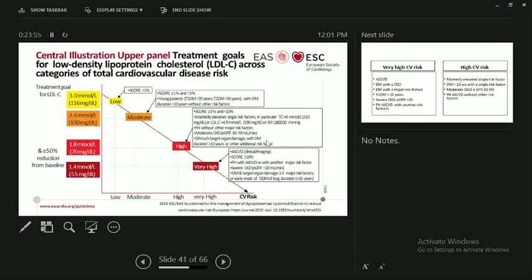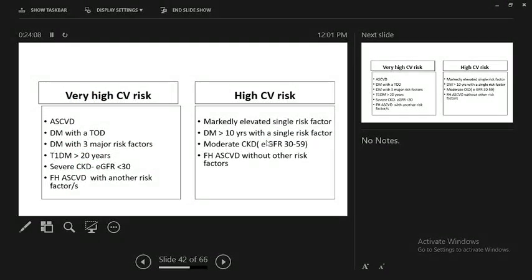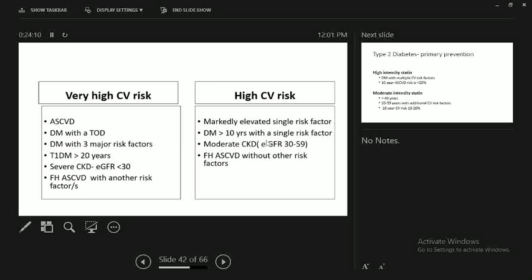I'm not going through this ESC guideline in detail. They have nicely discussed the high risk conditions, the very high risk, moderate risk, and low risk conditions and their targets as well. I advise you all to go and read this. And these are the very high risk conditions and the high risk conditions which the guideline discussed.